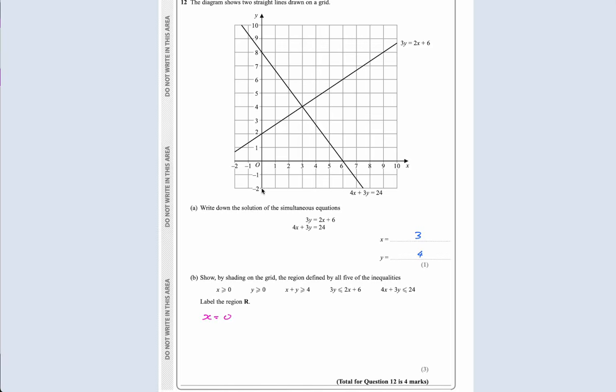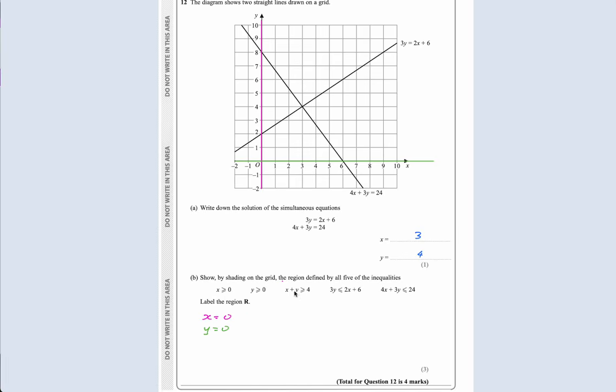X equals 0 is just the y-axis. This line, y equals 0, is the x-axis. Let's draw this with green. That's y equals 0.